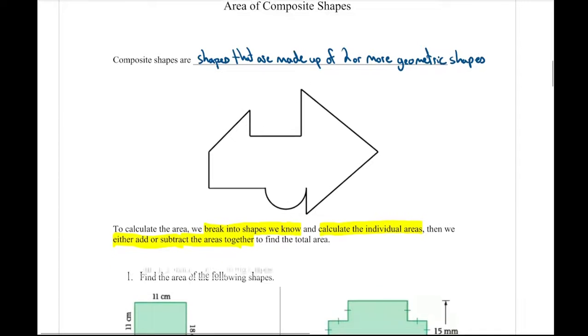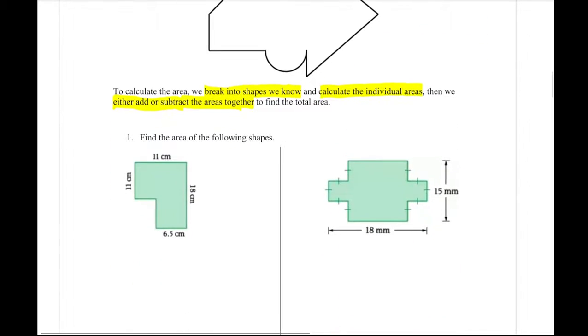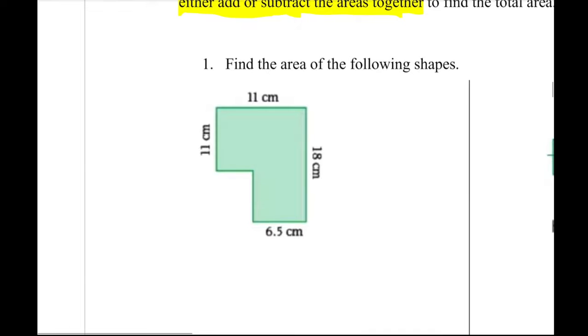So let's take a look at a couple of examples together. We want to find the area of the following shapes. So I have my shape here. Again, clearly it is not a standard shape. It is a combination of shapes, or a composite shape. Now, to divide it up into shapes that I know, there's multiple ways that we could do this.